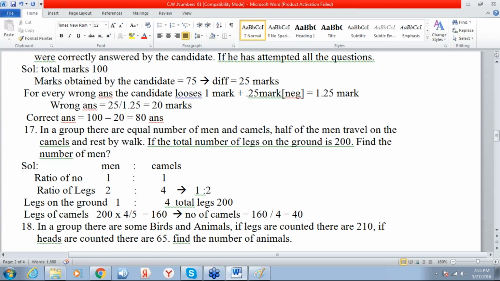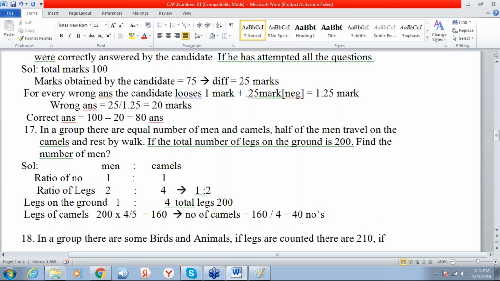The number of men is equal to the number of camels, so therefore the number of men is also equal. Men is equal to 40, right? Yes.